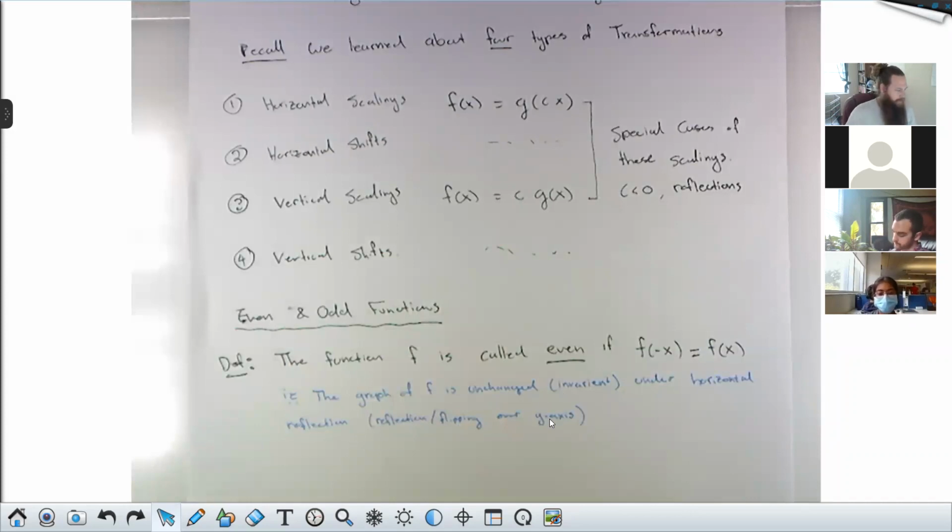Odd functions, a little more complicated. Just a little though.